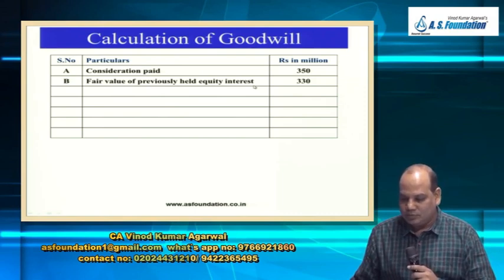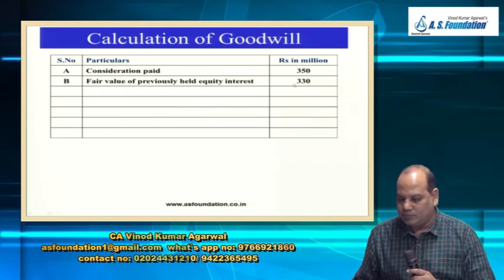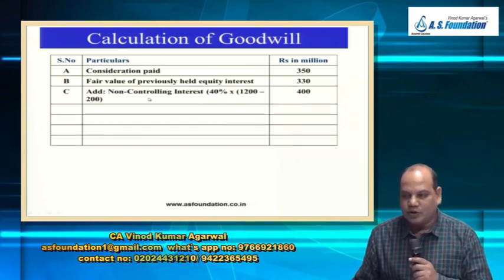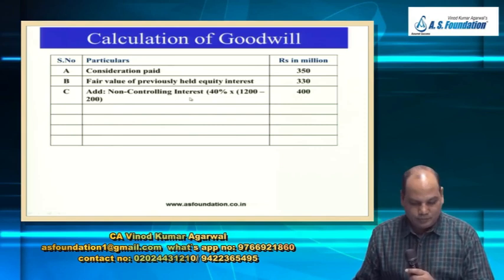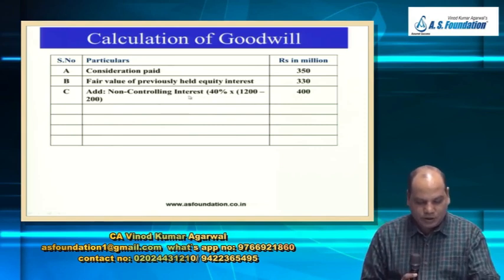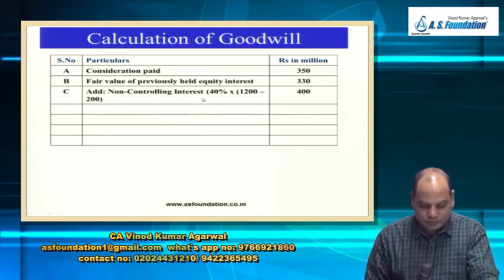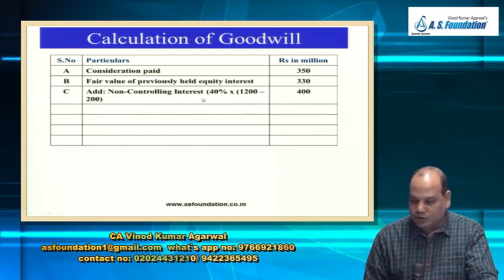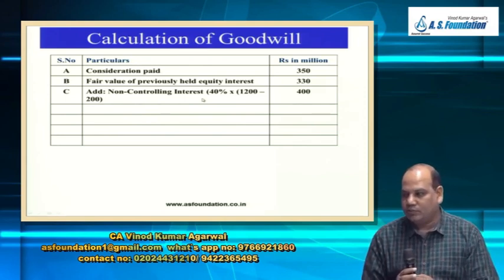Add NCI, based on proportionate share in net asset. NCI can have always two answers. You can either base it on the basis of fair value or you can base it on the basis of net asset. 40% into 1200 minus 200, 400.